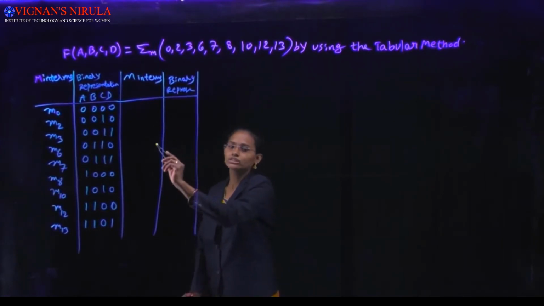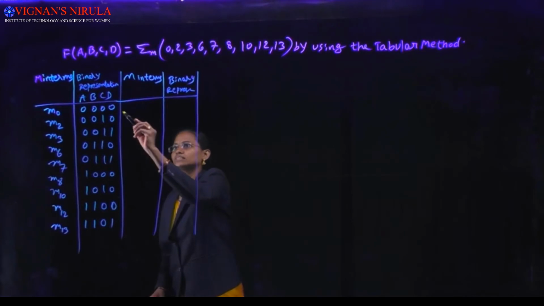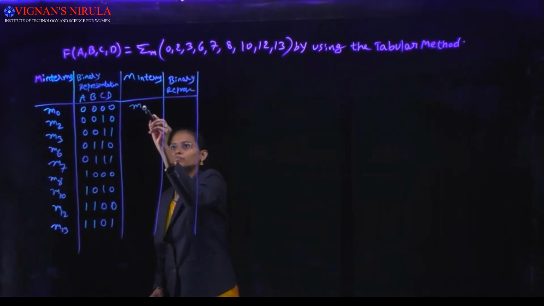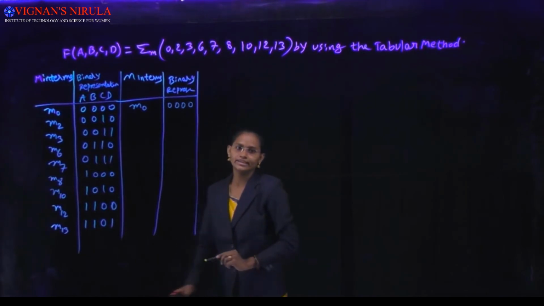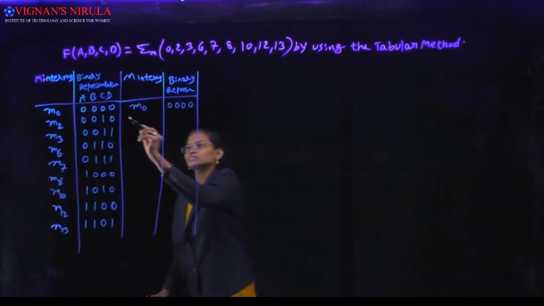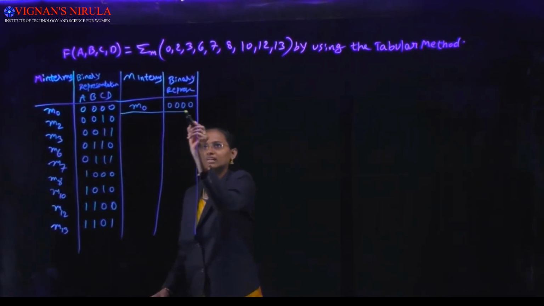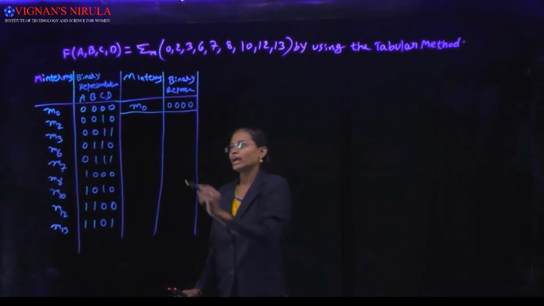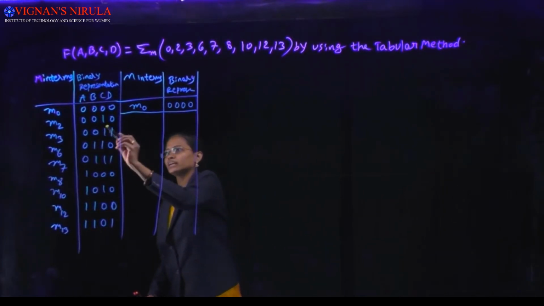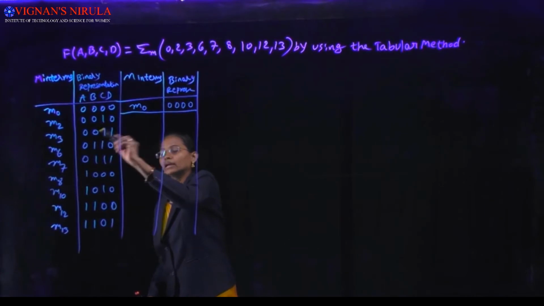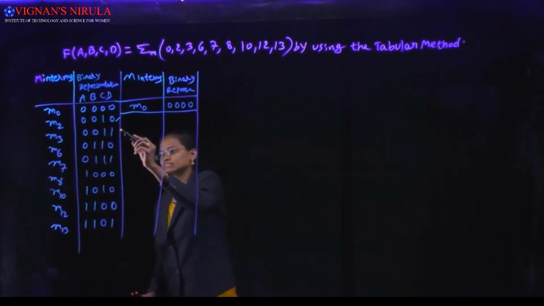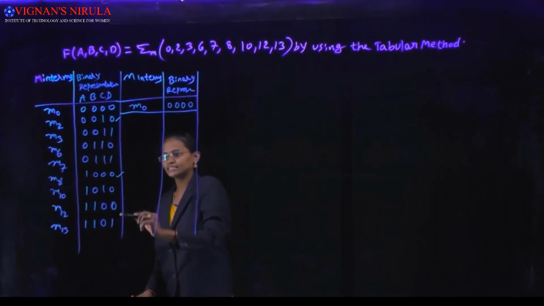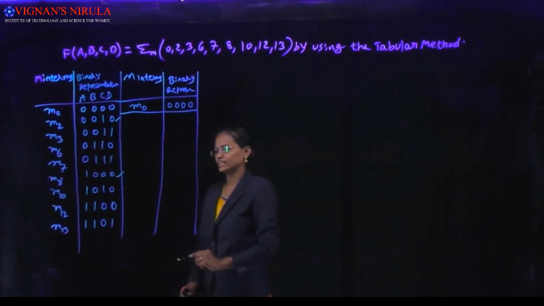First, the all zeros is there, so M0, that binary number is all zeros, and this is considered one group. And next number of ones, here M2 has only one one, and next one is M8, here also only one one is there.